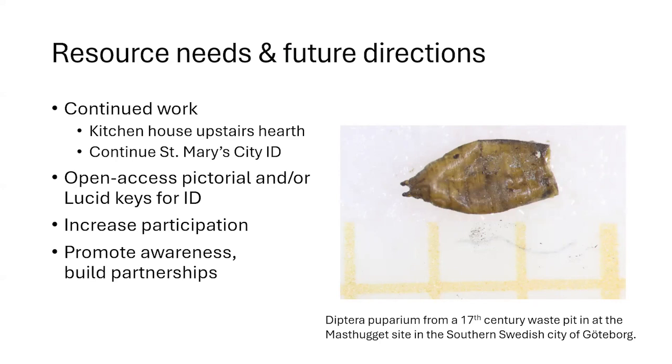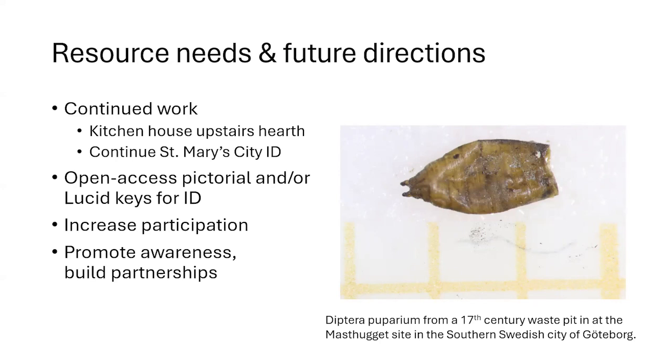Another thing that we need are accessible identification resources. As far as chironomids are concerned, there are some really great pictorial identification resources. However, they are usually out of print, very expensive, not very easy to get your hands on. And for us over here in North America, there are even fewer of those.